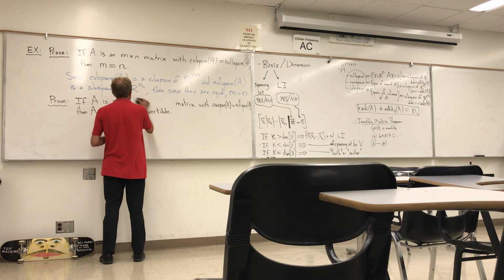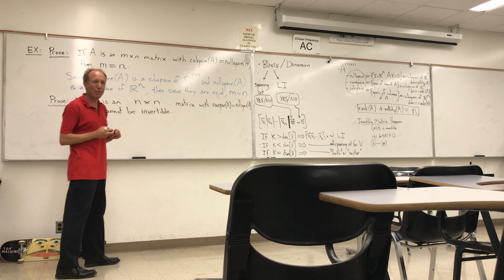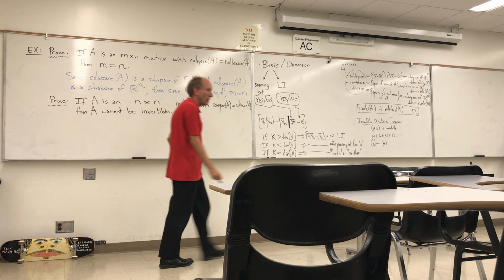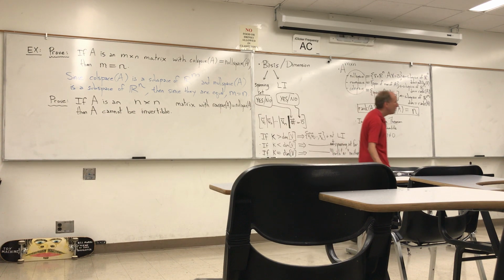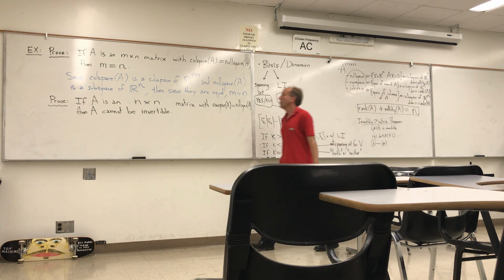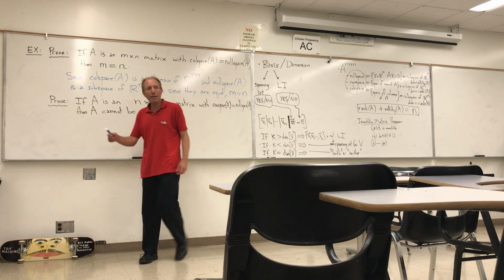That didn't make any sense, did it? So if A is an n by n matrix with row space equal to the null space, then A cannot be invertible. That's what I meant to write. Sorry about that. Okay, so if we have a square matrix and the row space and the null space are the same, then that matrix cannot be invertible.